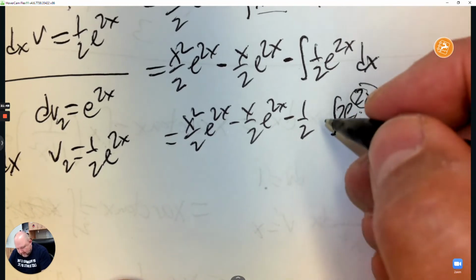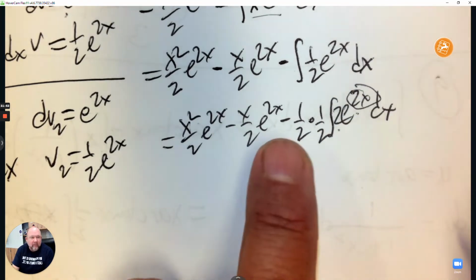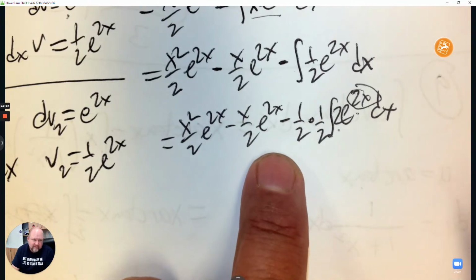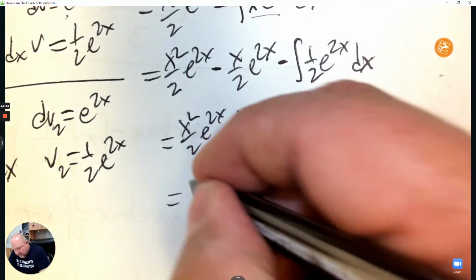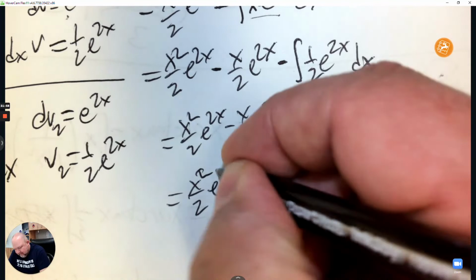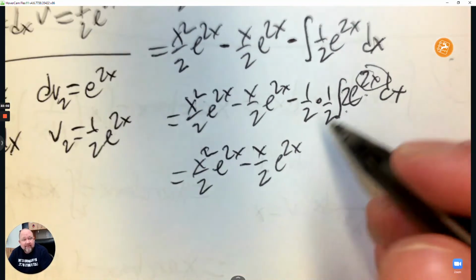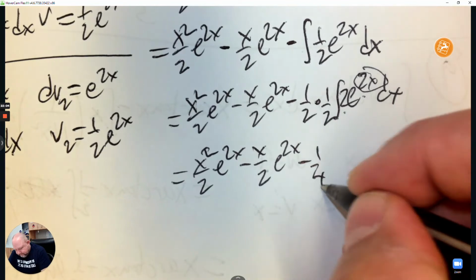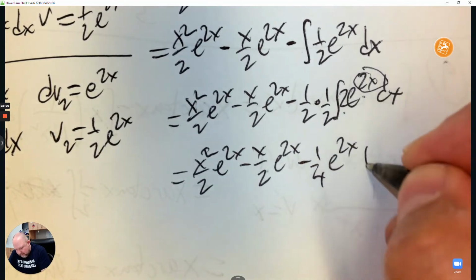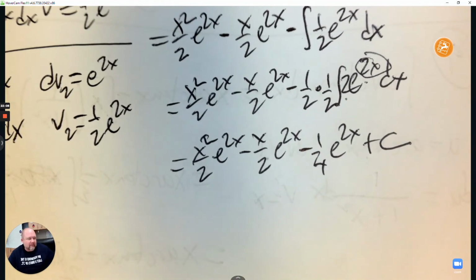So I need a 1/2 to undo that. That 1/2 that's already there does not count. We need another 1/2. So we have x squared over 2 e to the 2x, x over 2 e to the 2x, 1/4, and then e to the 2x plus c. That's a lot of e to the 2x's.